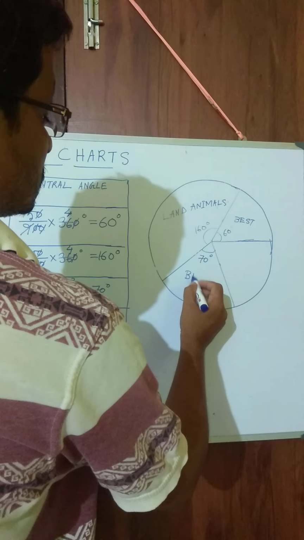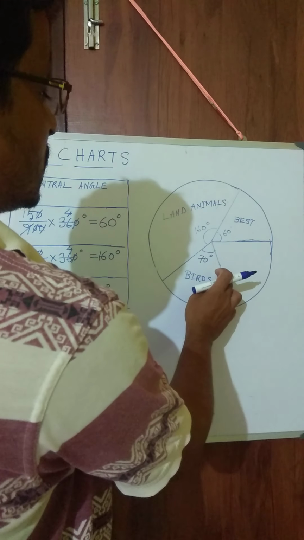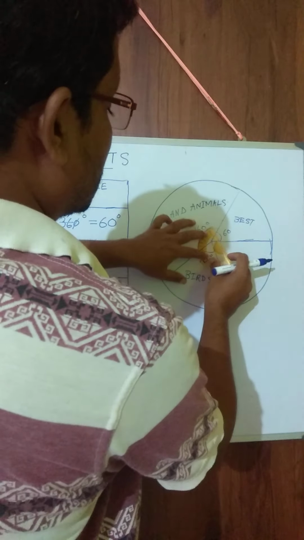Next angle is 50 degree. With this as the initial line, draw an angle 50 degree. Put your protractor.